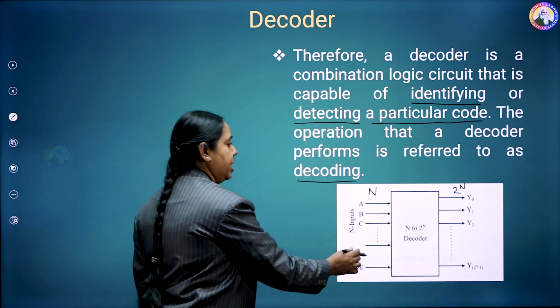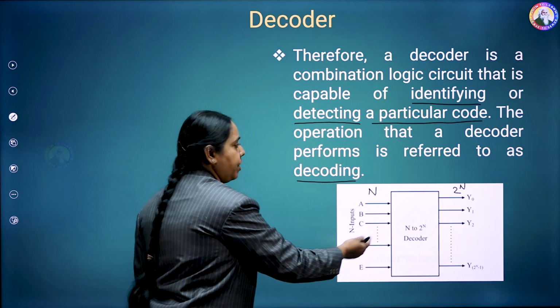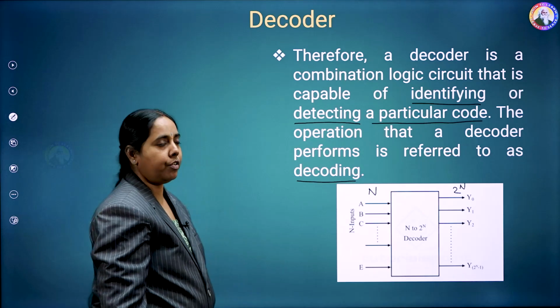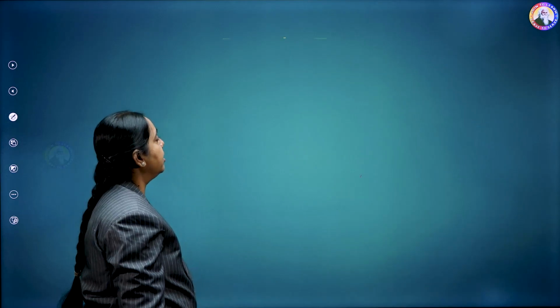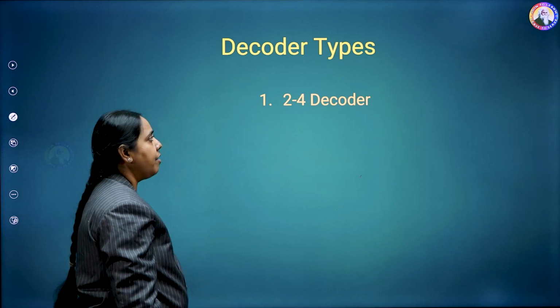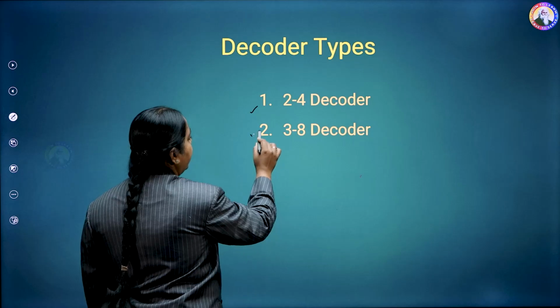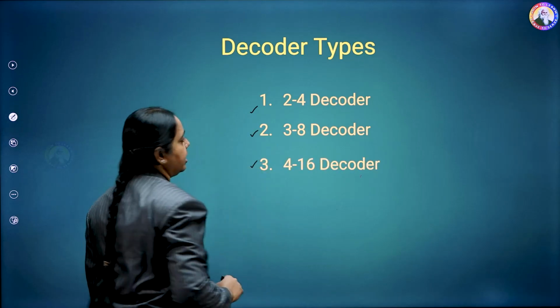This is the basic block diagram of a decoder. So let us see the types of decoders. Here we will have 3 types of decoders: one is the 2 to 4 decoder, next the 3 to 8 decoder, next the 4 to 16 decoder.